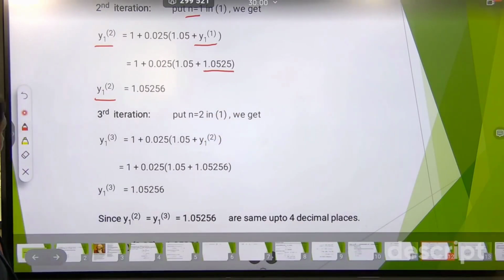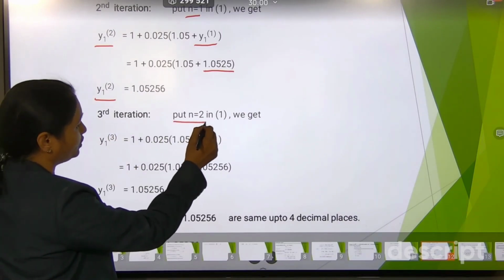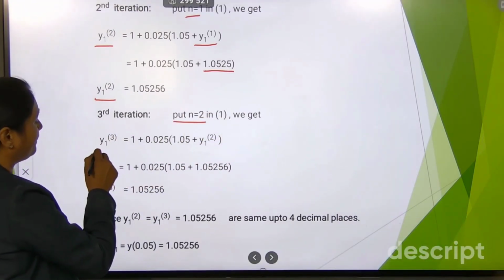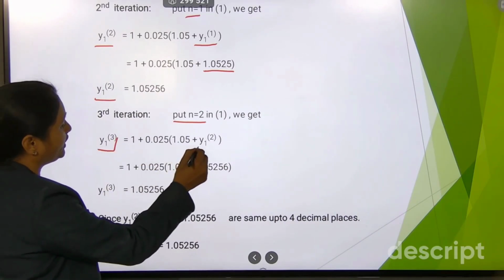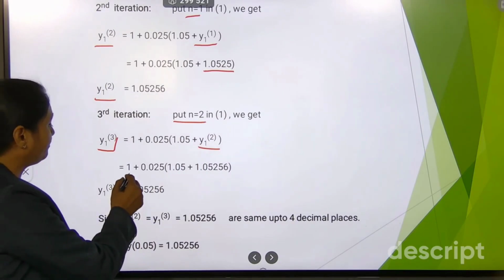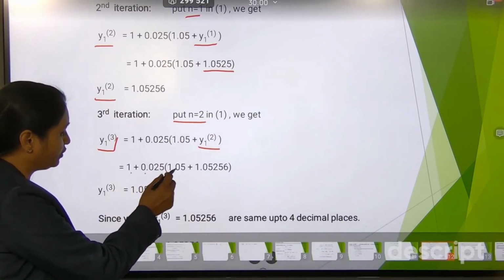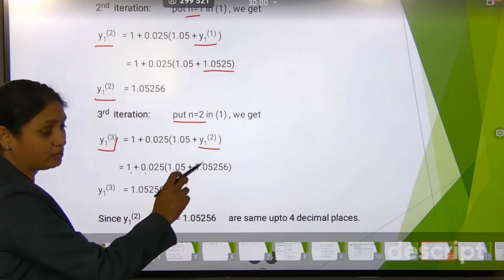Again, we take the third iteration. For the third iteration, we put n is equal to 2 in equation 1, so we get y1 3. In y1 3, we put y1 2 in the equation. So we get 1 plus 0.025 into 1.05 plus 1.05256.